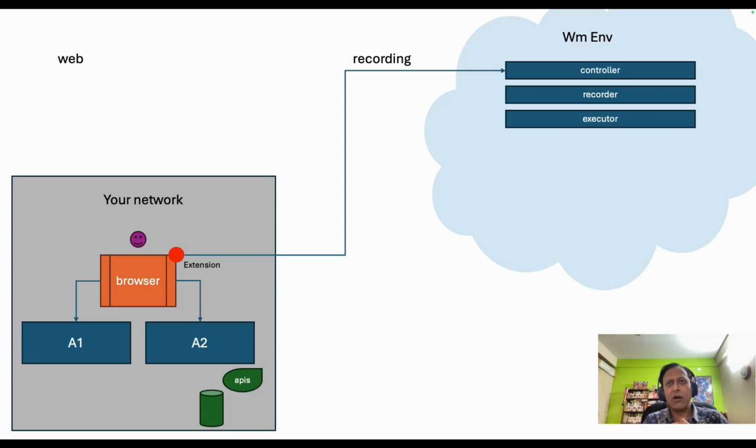We'll go ahead and see how to run this extension, and let's do that the moment we finish understanding a few more concepts. Important thing to remember, the job of this extension on your browser is to help you send recording information from the application into Watermelon.